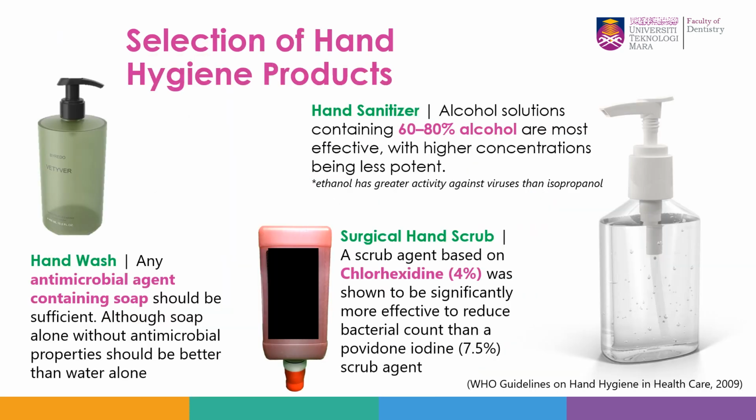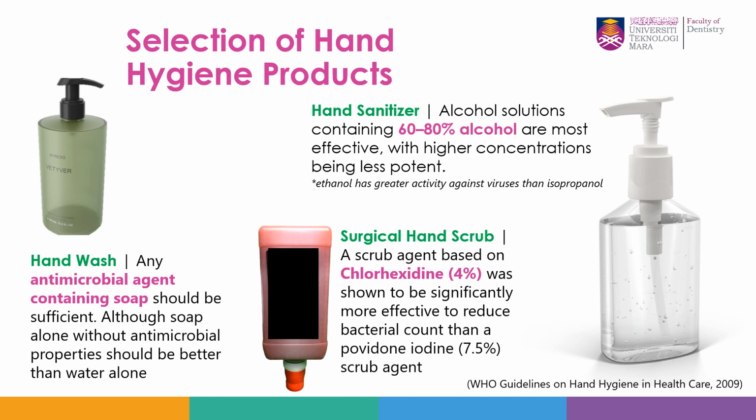All right, so let's look at the three different sanitizing products or hand hygiene products. The first one is hand wash, which is on your left. It can use any antimicrobial agent containing soap, so it should be sufficient for you to wash your hands with water.